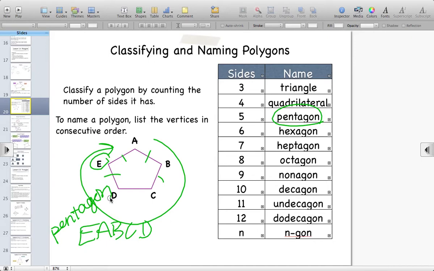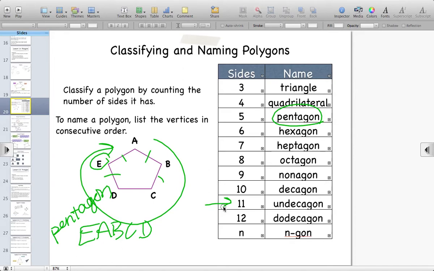So look over here at the list of vocabulary terms. You are expected to know what these words are, up to an extent. There are some words we don't use quite often. Something like the undecagon, the 11-sided figure, is not so popular. Decagon and dodecagon are pretty popular. Triangle, of course.